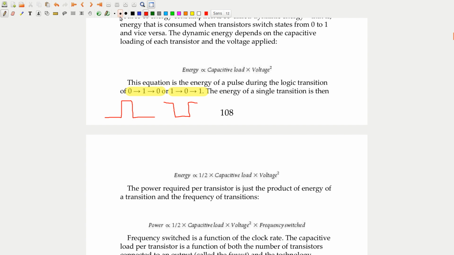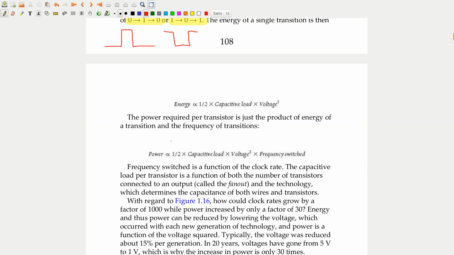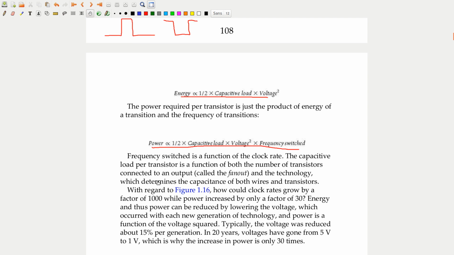That's what they're talking about here of pulse energy. Then they relate this to power through this equation, and they play around with it some more. Okay. A lot of the nitty-gritty details of this are fairly straightforward, and you can look at it some other time. But we're really caring about the big ideas here.